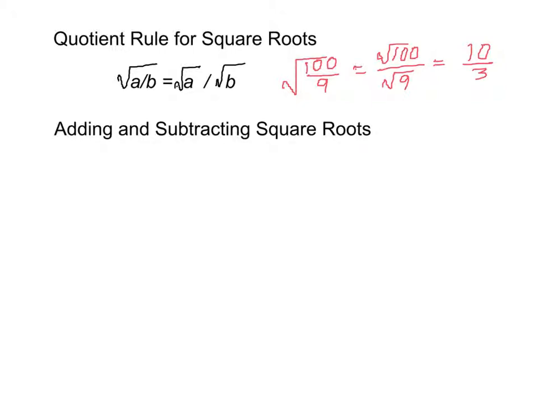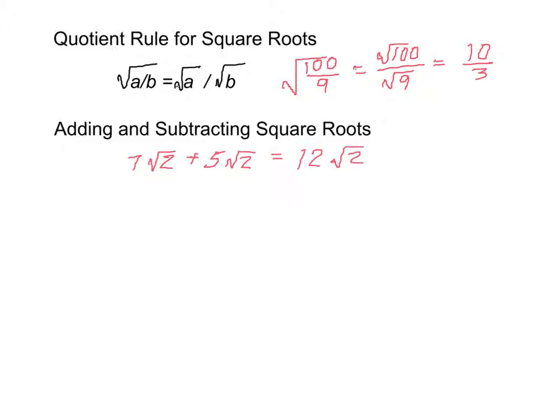The next rule we want to talk about is adding and subtracting square roots. Now, 2 or more square roots can be combined using the distributive property, provided they have the same radicand. What in the world does that mean? Basically, they have to have the same value underneath the radical sign.